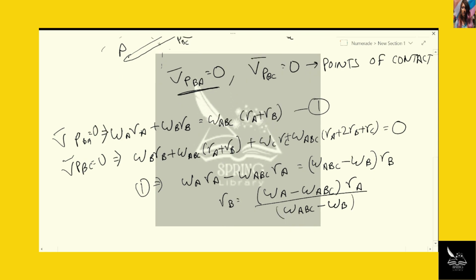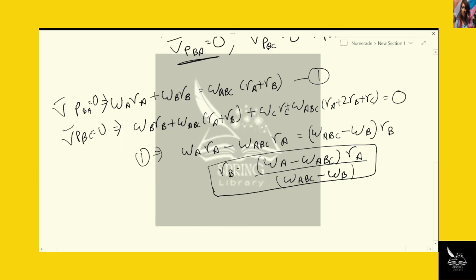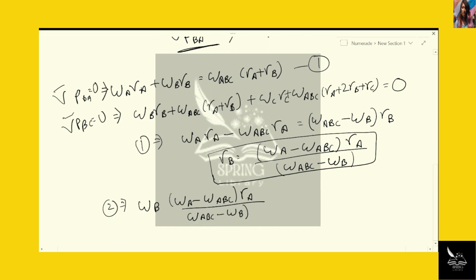So we have figured out RB, and then let's put this RB in equation 2. So 2 implies omega B times omega A minus omega ABC RA divided by omega ABC minus omega B, plus omega ABC RA plus RB. Let's just take RA common.